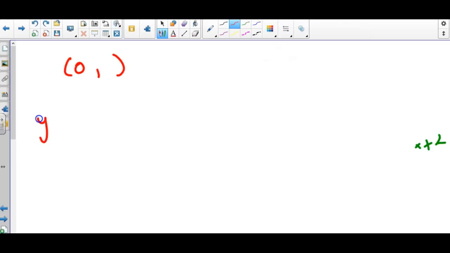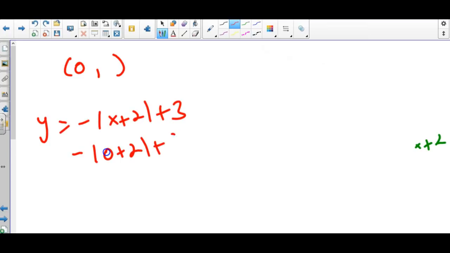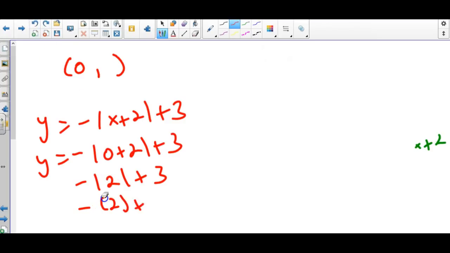So you have y equals negative absolute value of x plus 2, plus 3. Well, 0 plus 2 is 2. And the absolute value of 2 is 2. And negative times 2 is -2.